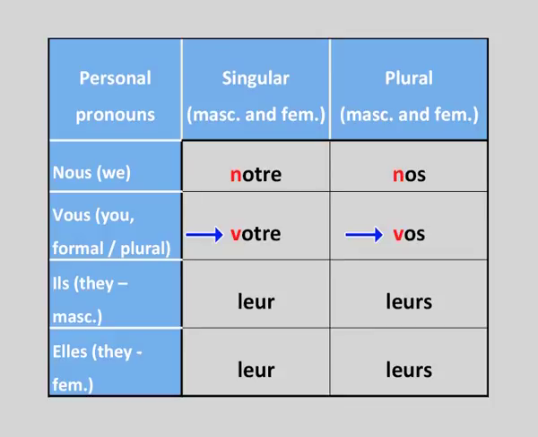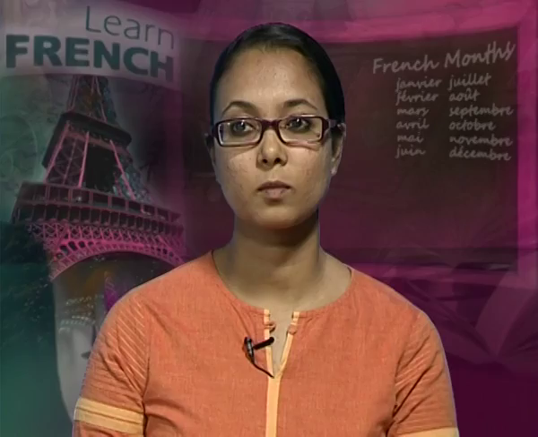The letter V replaces N for the plural form of the second person. Notre and nos become votre and vos. And finally, the possessive adjective associated with the third and fourth person plural is completely different from the rest.